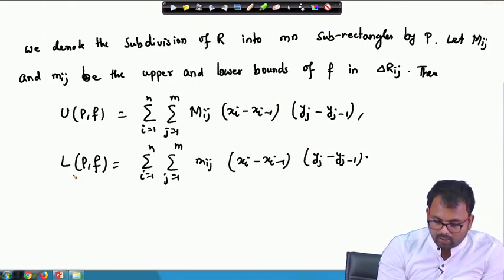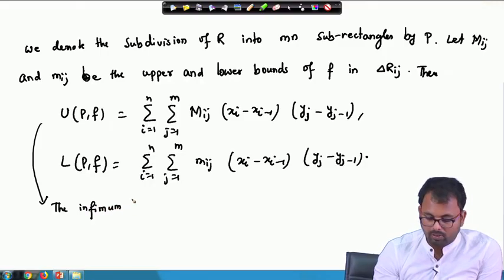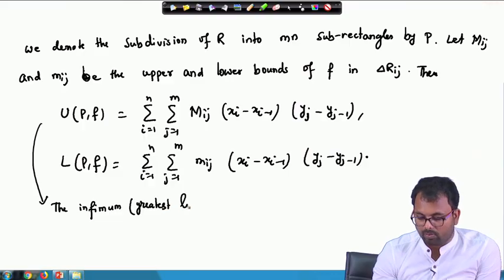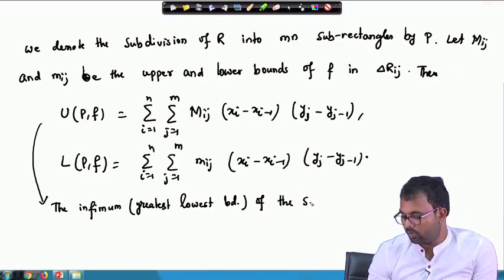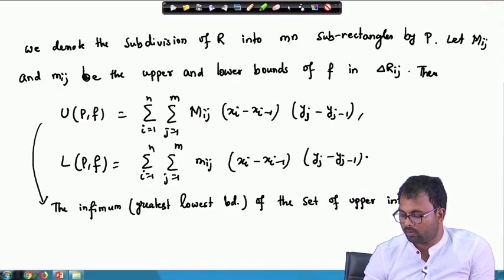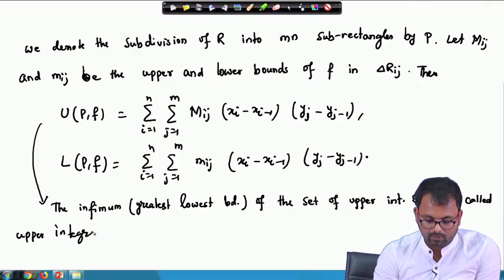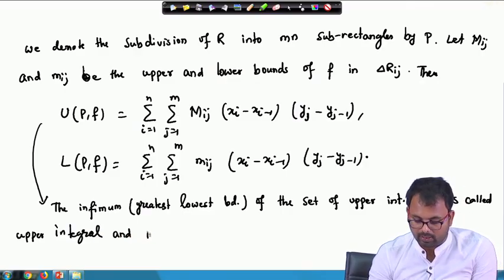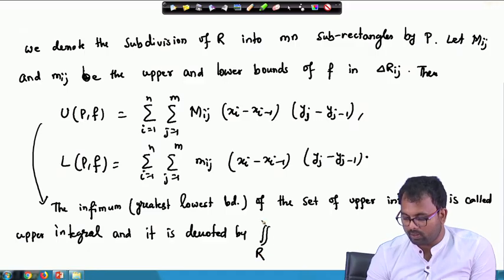So, here we will have the infimum, or greatest lower bound, of the set of upper integral sums, which is called the upper integral, and it is denoted by the integral over R, upper integral, of f(x,y) dx dy.